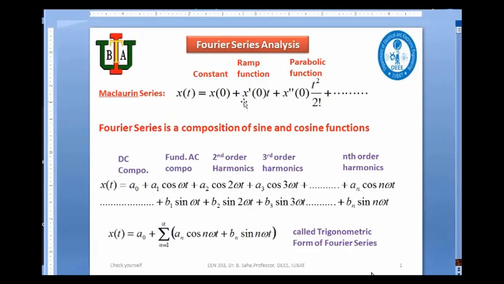The Maclaurin series depends on differentiation, x prime, x double prime, the differentiations of the function. By doing differentiation, there are different types of shapes. Here you can see the constant, which can be anything, then the ramp signal, then the parabolic signal, they are summing up and creating one signal. But Fourier series is defined only by sine and cosine functions, which is easier than Maclaurin.